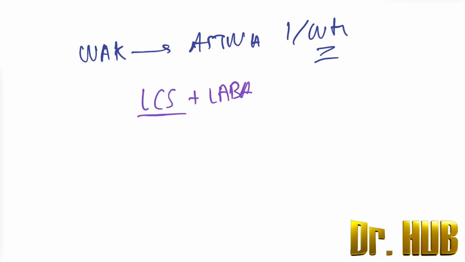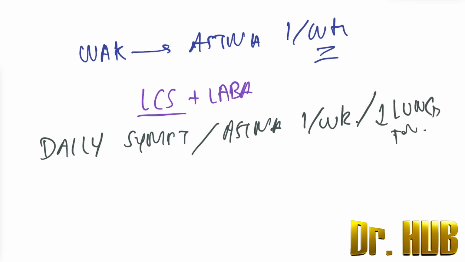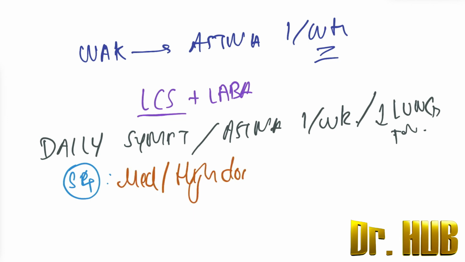Then in terms of daily symptoms, or waking with asthma once a week, and also decreased lung function, in such cases it is step 4, that is medium or high dose maintenance ICS LABA.